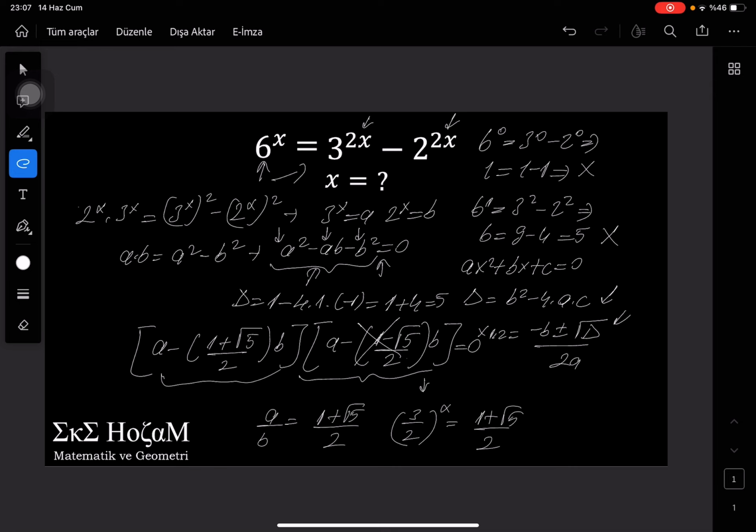And if you take the natural logarithm of both sides, x times ln 3 divided by 2 will be ln 1 plus square root of 5 divided by 2. And x can be found as ln 1 plus square root of 5 divided by 2 over ln 3 divided by 2.